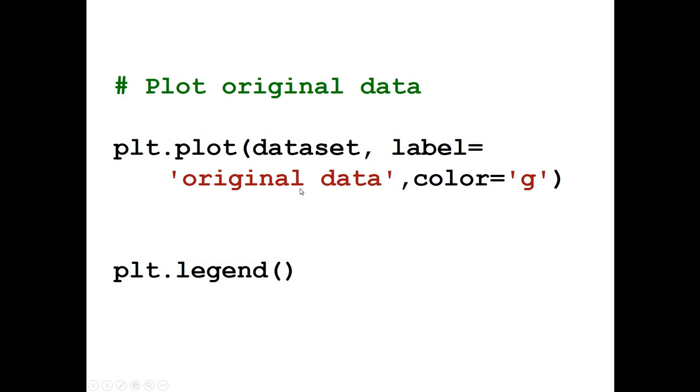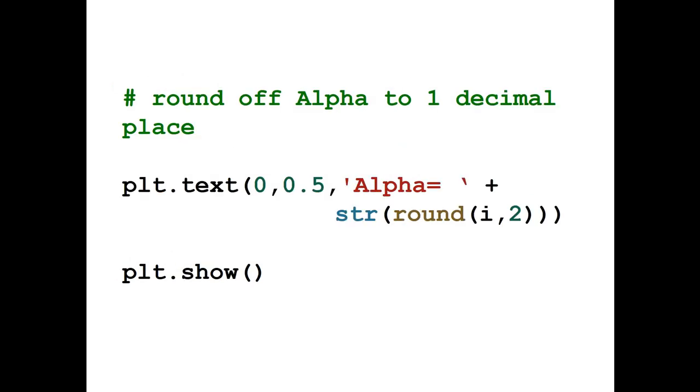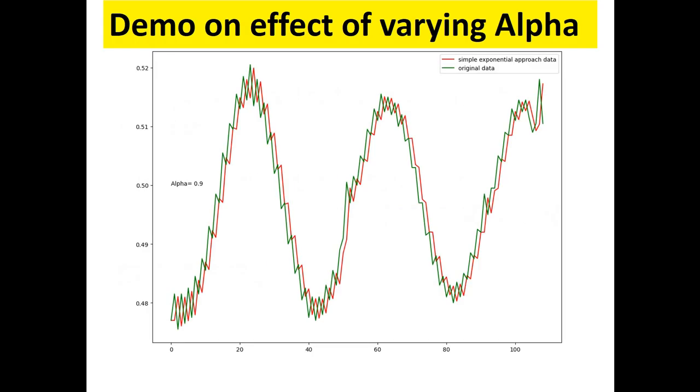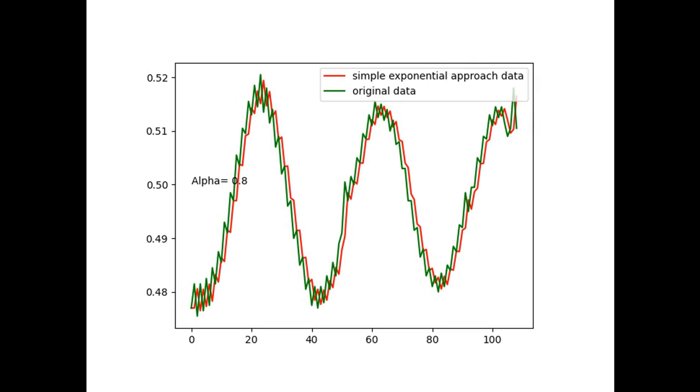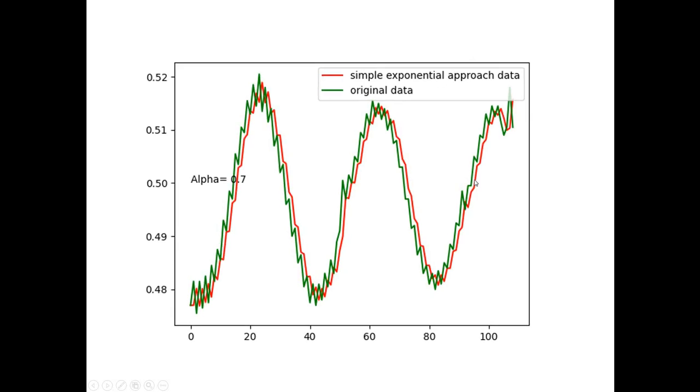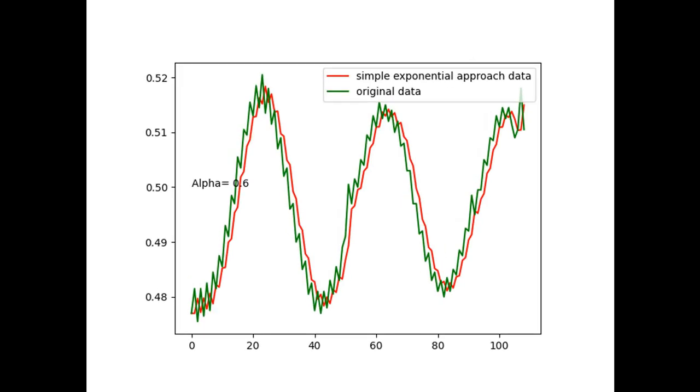Now, as you can see on the screen, these are simple lines to plot that. What is the effect of alpha? When alpha is equal to 0.9, it looks like that. When alpha is equal to 0.8, it looks like this. You see the lag in the trend. And alpha equal to 0.7 looks like that.